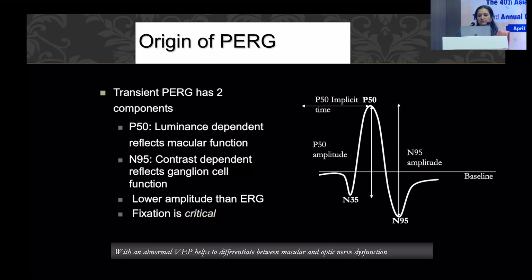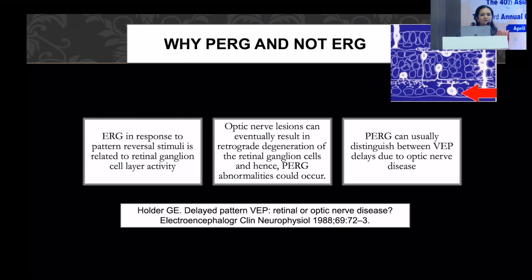In macular diseases, P50 will be reduced in addition to a decrease in N95. So why pattern ERG and not ERG for optic nerve dysfunction? Because whenever you give a stimulus in the form of a pattern to the retina, it is the function of the ganglion cells to pick it up, which is why pattern ERG is coming into the foray.